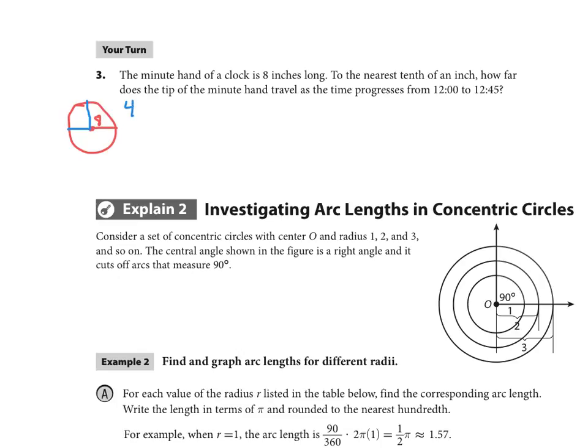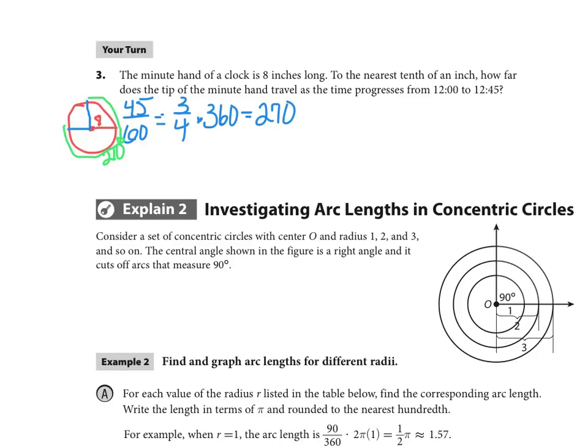I'll show you how. 45 out of 60 minutes, if you simplify that, you get 3/4. So we want 3/4 of the circle. So 3/4 times 360 is 270 degrees is the measure of this arc. So from here to here is 270 degrees.